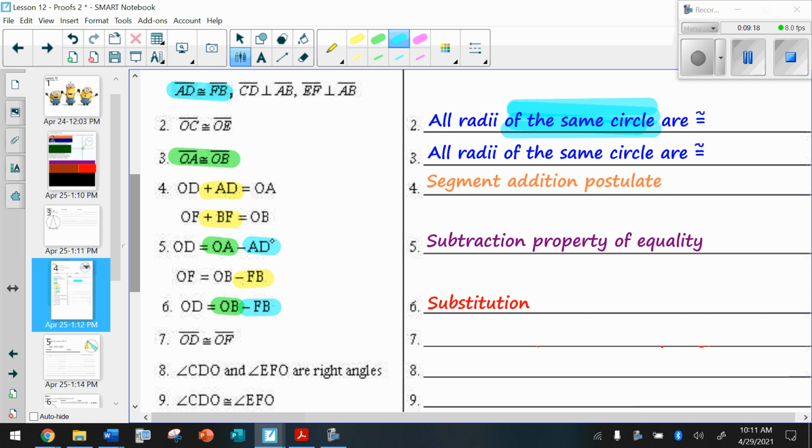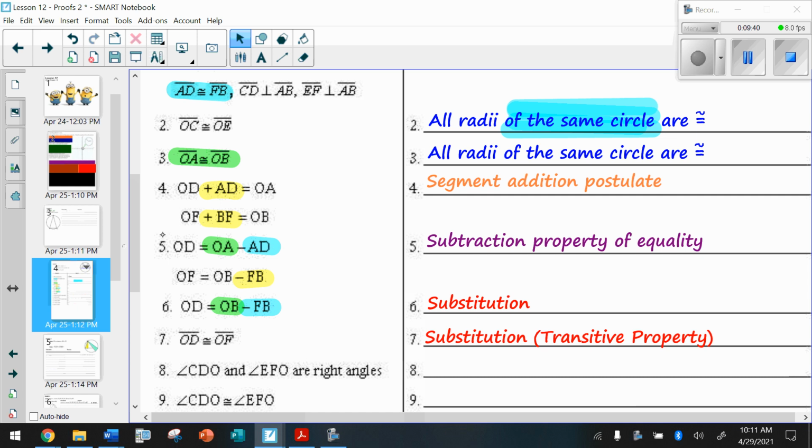There we go. So there's substitution. Now I have OD equals OB minus FB. And right above it, I have OF equals OB minus FB. So then by another substitution or transitive property, we get OD congruent to OF. So you can mark that on your diagram.